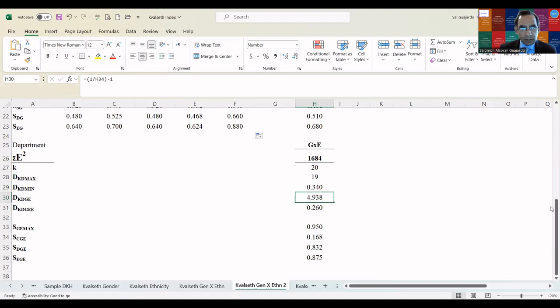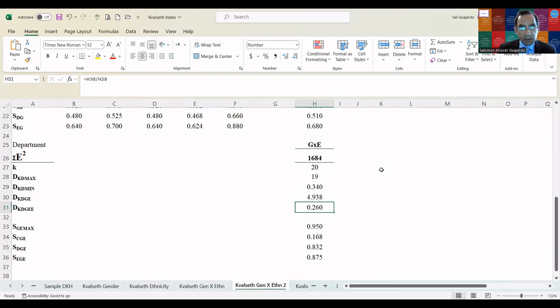Recall that the Kvalseth homogeneity index is going to be 1 divided by the Simpson concentration score minus 1. So here I have 1 divided by 0.168 minus 1. Again, that gives me an odds ratio of 4.938.